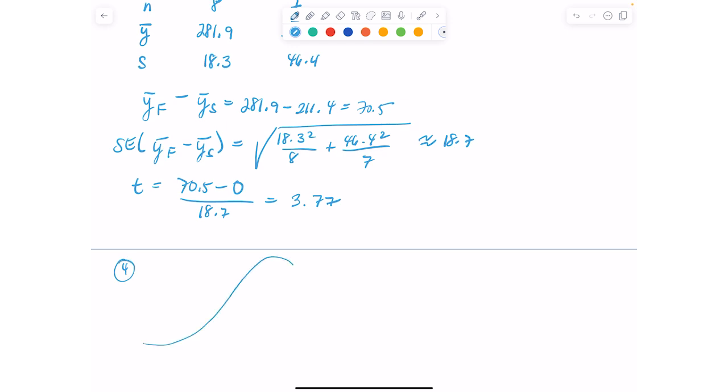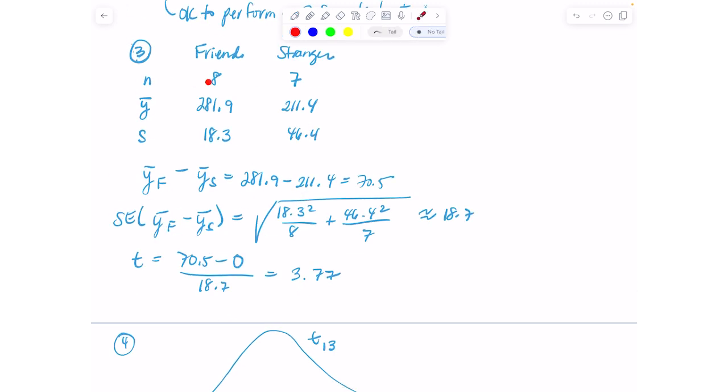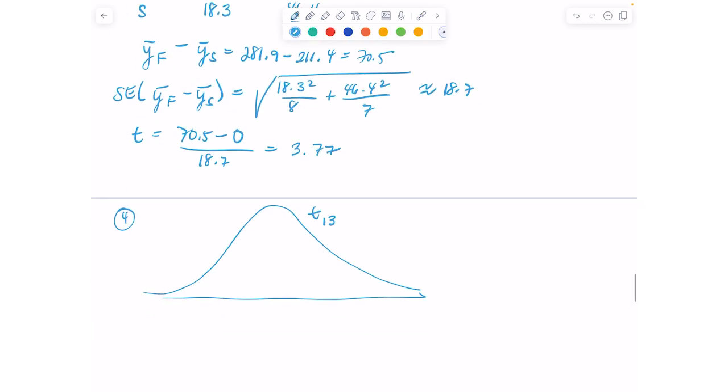So when you sketch your t-model, you know you have a t-model with 13 degrees of freedom, right? Because there's 8 in sample 1 plus 7 in sample 2. That's 15 minus 2 is 13. And the mean is going to be 0. And we're going to go 3 standard deviations in either direction.